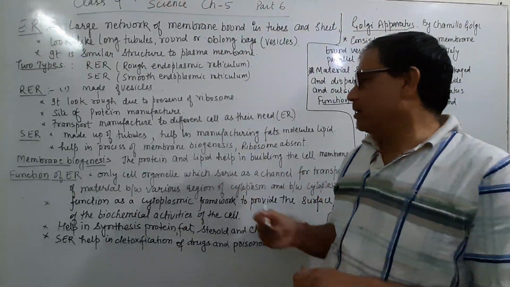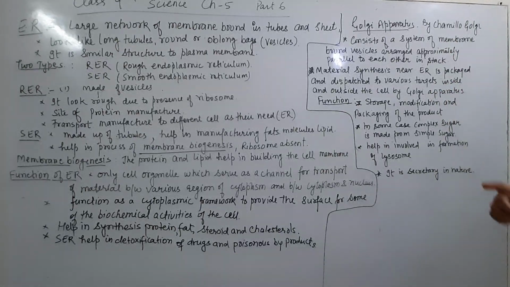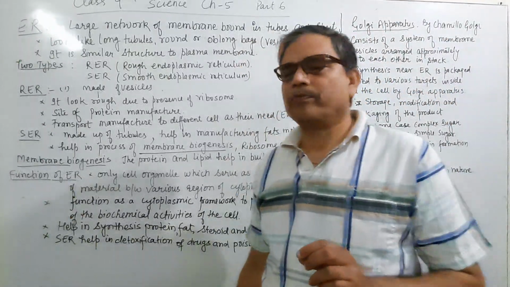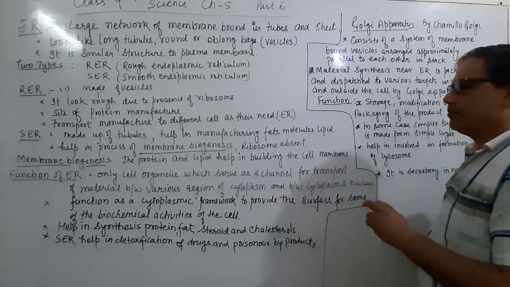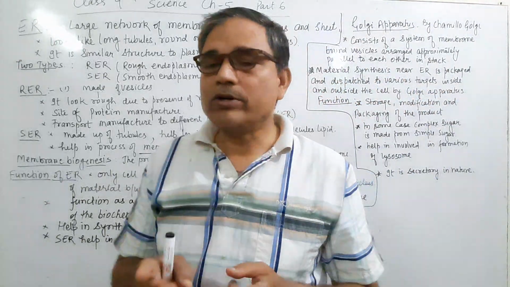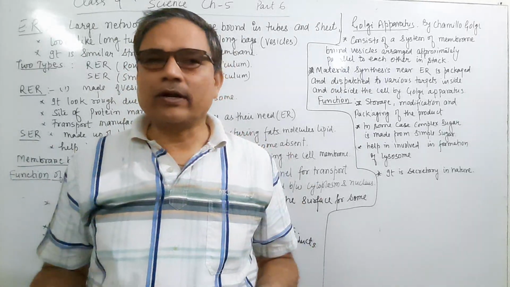What is membrane biogenesis? It is the process by which protein and lipid help in building the cell membrane. Building the cell membrane means formation of the cell membrane, because the cell membrane or plasma membrane is composed of protein and lipid.